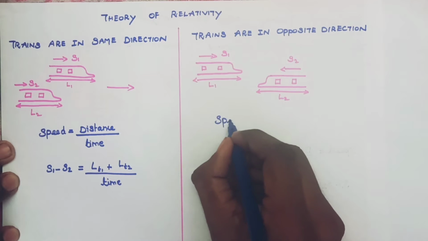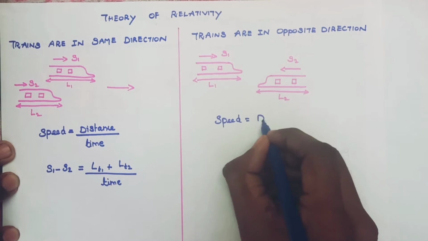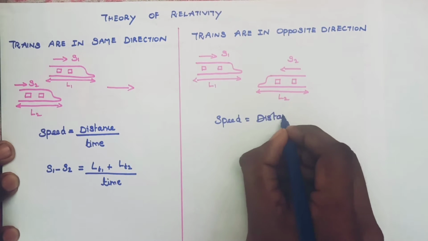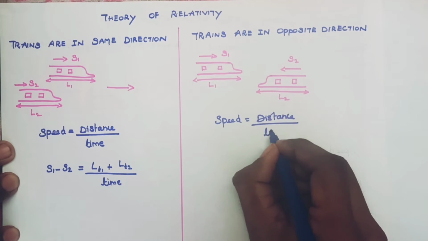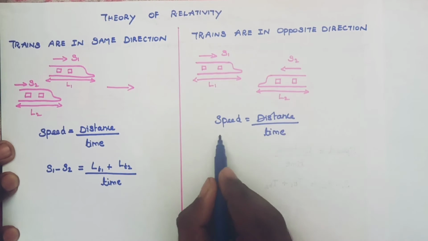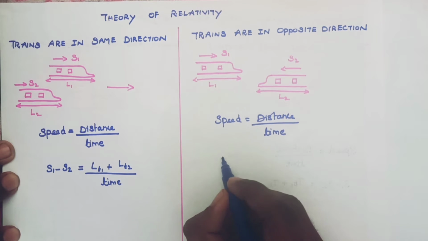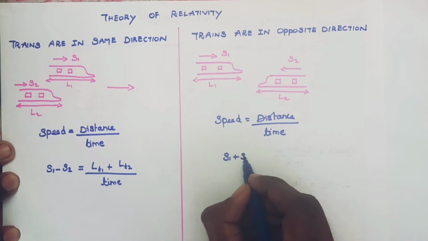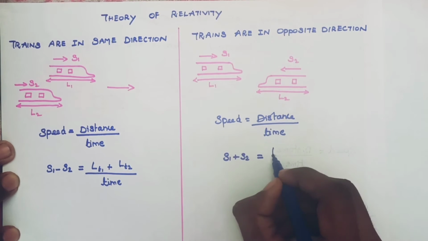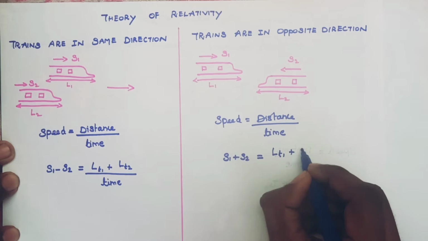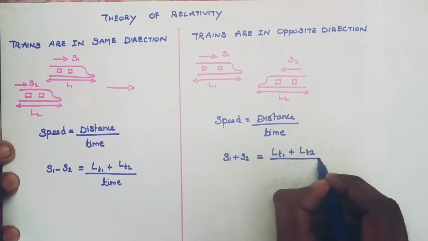The standard formula for speed is distance divided by time. Here you have to add speed 1 and speed 2 if the trains are in the opposite direction, right? So S1 plus S2 is equal to the distance, which is the length of the two trains, divided by time.